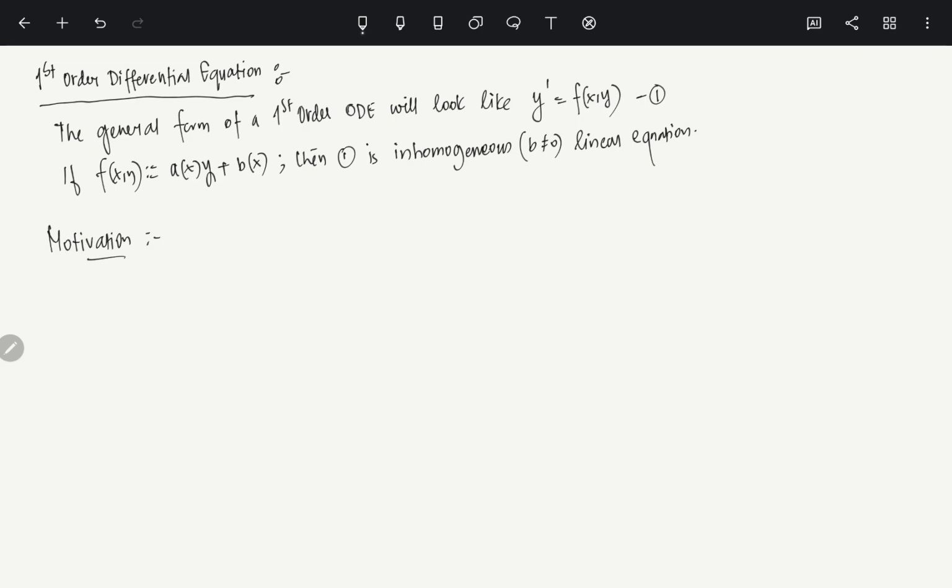Let's just look at this: y prime plus y equals, let's say, x square. This is a linear equation, right? And it is relatively easy to solve. No problem, you just find out the integrating factor, it's done, right?